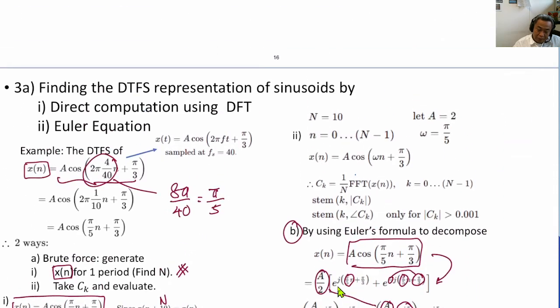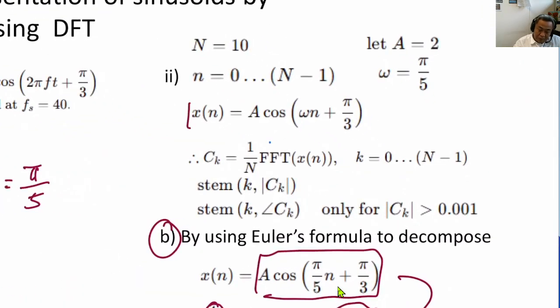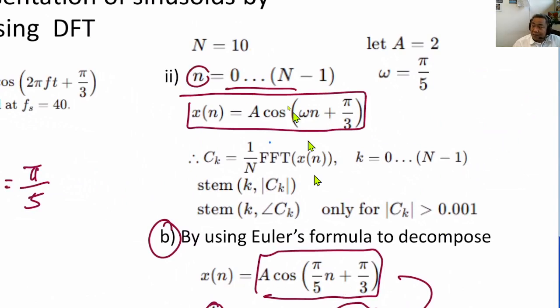So what do we do now? If you are sitting in front of MATLAB, you let n equal 0 to 9 and you generate this sequence. So xn now is a vector with 10 numbers generated by this equation here. To find the DFT, we use FFT.